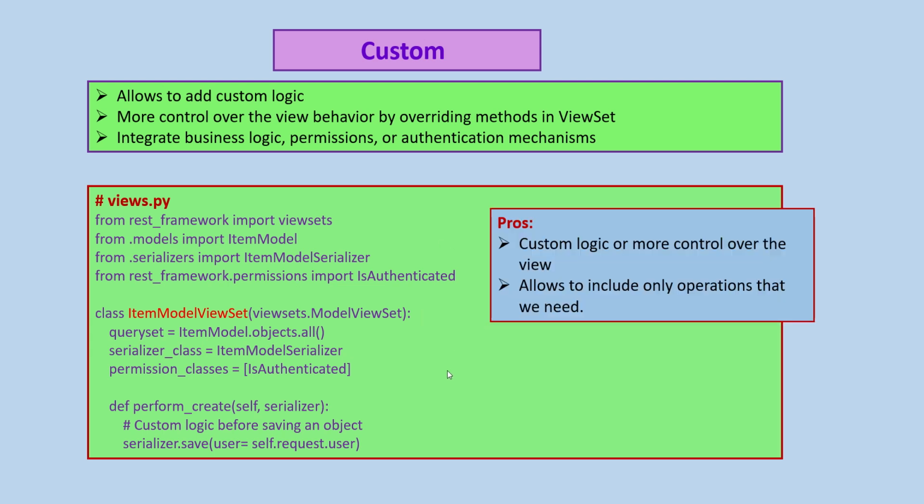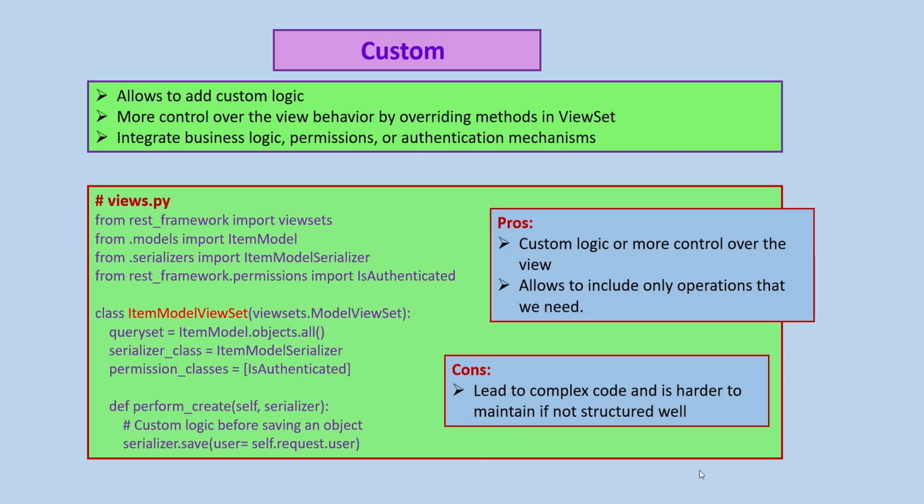So what are the pros? To create custom logic, or when we want more control over the view, at that time we can go for this one. And the next benefit is that it allows us to include only the operations that we need. What are the disadvantages? It can lead to complex code that is hard to maintain if not structured well.